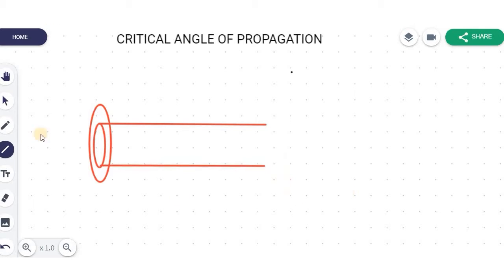This is the core region, and what I'm drawing now is the cladding region.